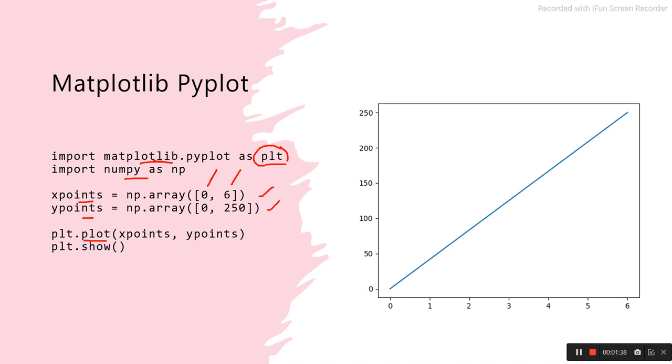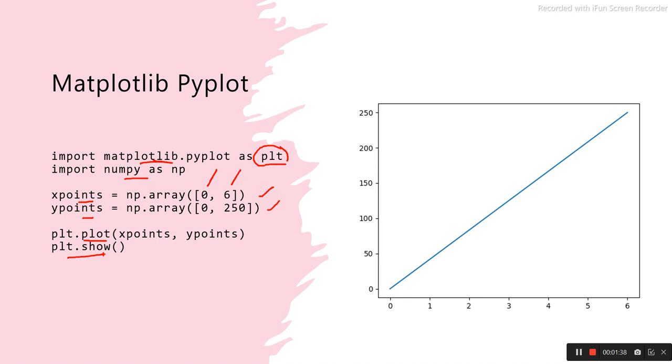After plotting the graph, you need to use the function plt.show. If you don't use this function, your graph may not be visible. The graph might be drawn, but it will not be visible to the user. Only if you give the show method will you be able to see the graph.